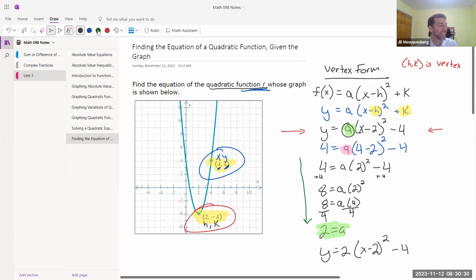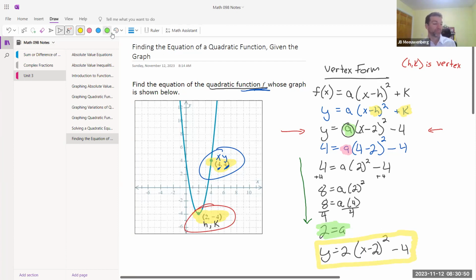And this is our final quadratic equation. Notice how we now have numbers everywhere we need a number. Our x and our y are x and y, but we have a 2, a minus 2, and a minus 4. There's our quadratic equation.